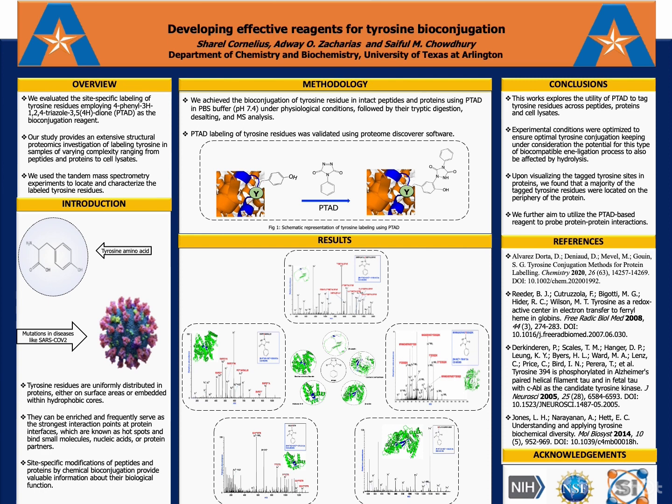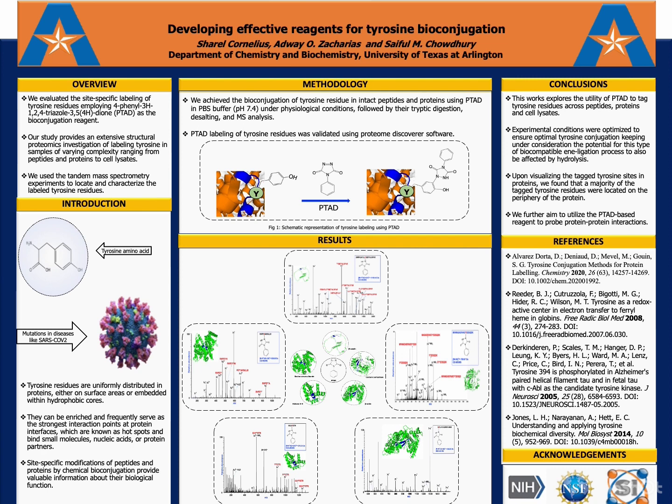So in our study, we have used a PTAD-based chemical bioconjugating reagent, which was used to label the tyrosines in peptides and proteins, giving us structural information about those particular proteins and also the functions which they are involved in.